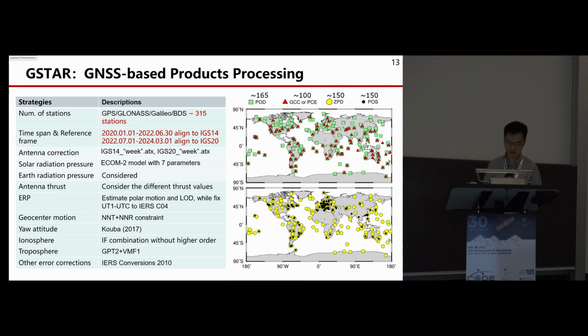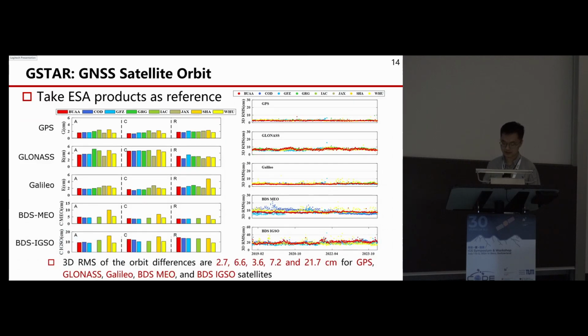Then the satellite clock is estimated using 100 stations with an interval of 13 seconds. After that, a precise positioning procedure is conducted to calculate station coordinates using 115 stations. In addition, geocenter motion is determined independently with no-net-translation and no-net-rotation constraints, using 100 stations.